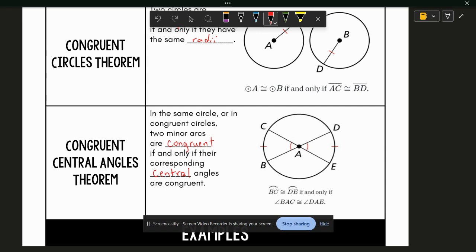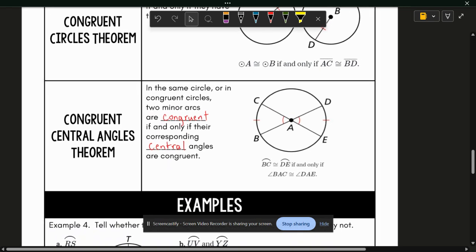And so if you take a look here, you've got the central angle of BCA congruent with DAE. And by doing that, it means that those two parts of that arc are also going to be congruent as well. Does anyone remember the name for those two types of angles that are in there? Vertical angles. Good. Yeah, vertical angles. And vertical angles are congruent.